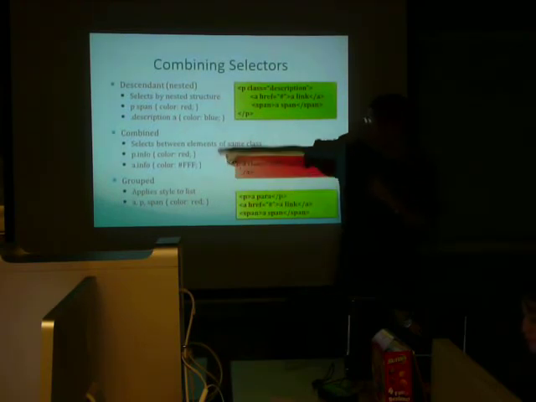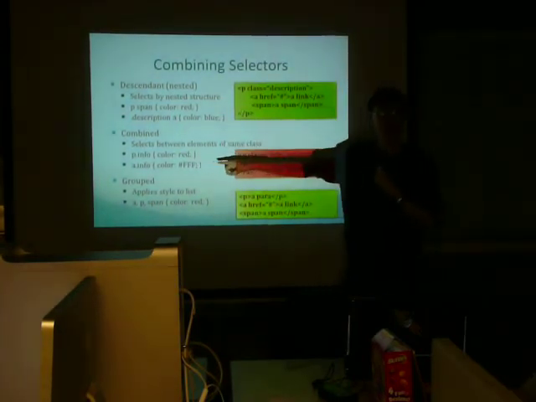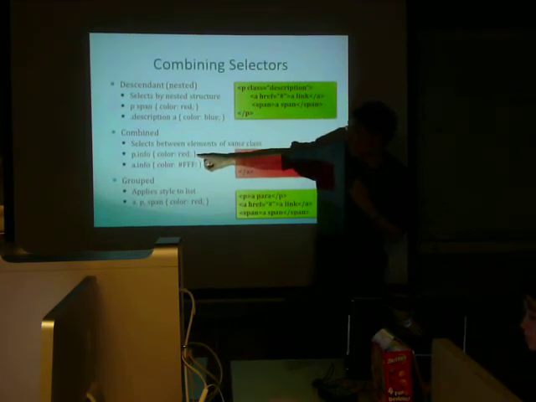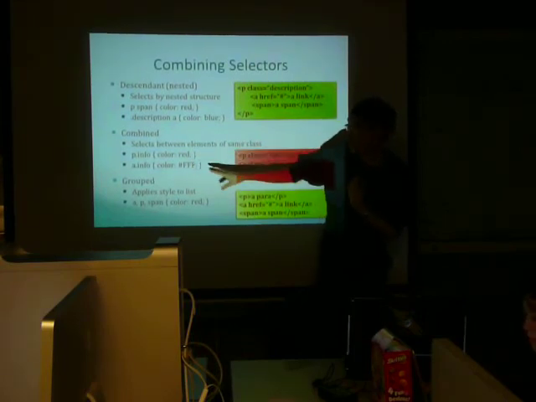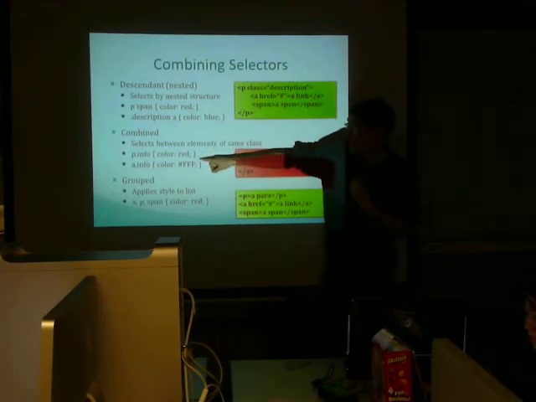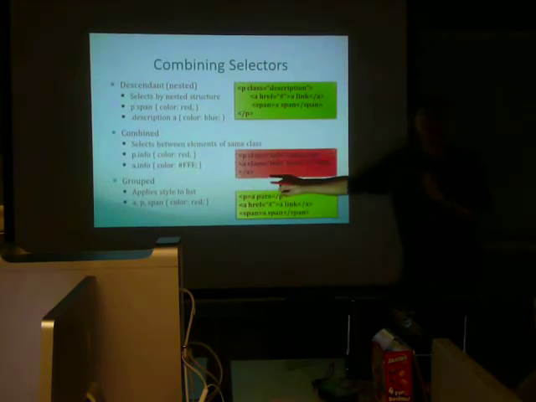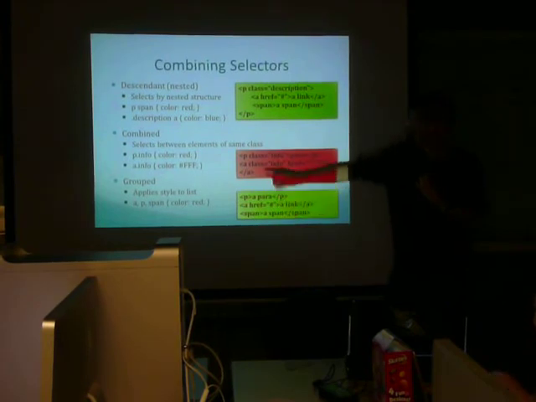And so it's basically the same as descendant, except there's no space. If you don't put a space in between, so P dot info with no space, that means give me something that's a P element that's also a class info. Dot means class. So you don't put a space.